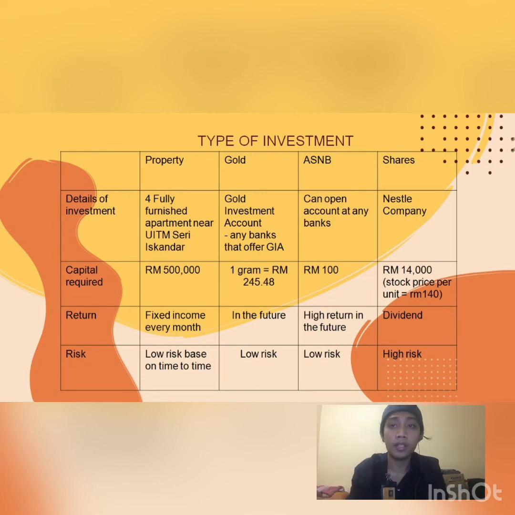In that situation, we will get a profit of about 20 ringgit per unit, and if we buy 30 lots, we will gain an amount of 60,000. That's why share investment has a high return, and at the same time the capital is also high.